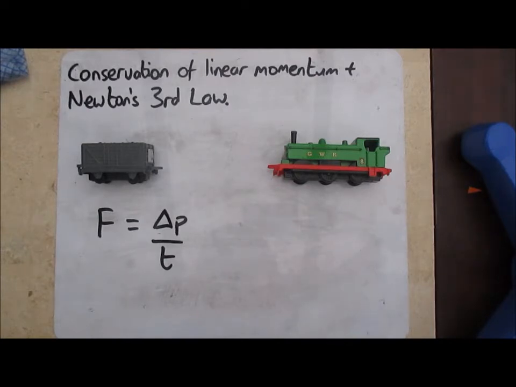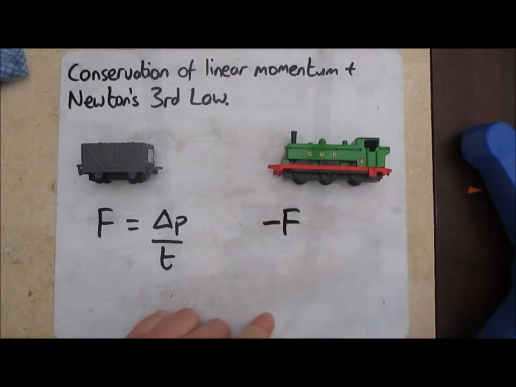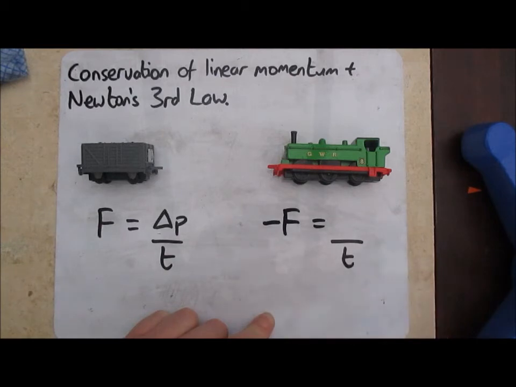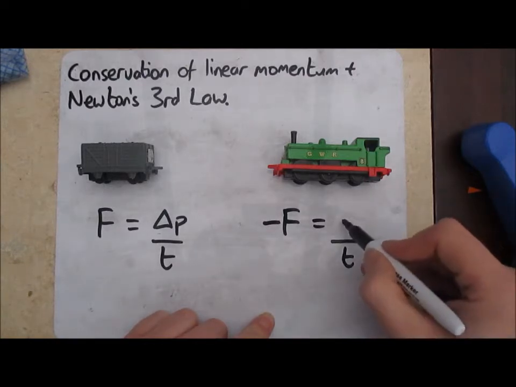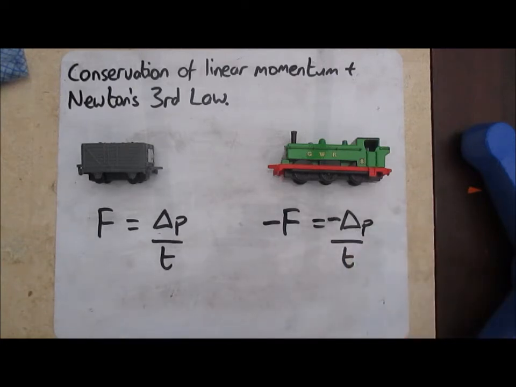Now, due to Newton's third law, that means that Duck, having applied a force F to the truck, experienced an equal and opposite force, so minus F applied to Duck. It happened for the same period of time, t. The force was the same, it happened over the same period of time for both objects, and that means that Duck must have experienced exactly the same change in momentum, delta P, but just in the opposite direction.